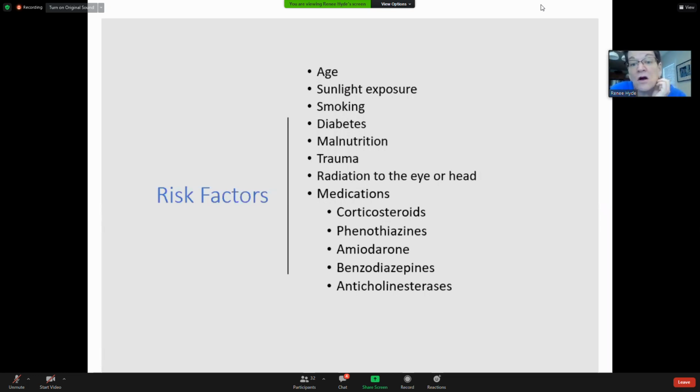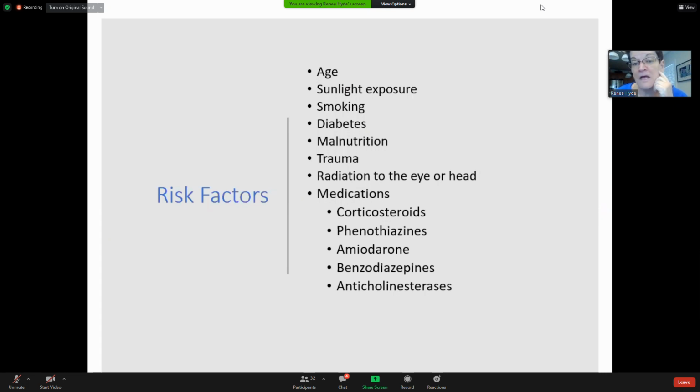Now, your anticholinesterases, those are your patient meds that we give for dementia. So if you think about it, a patient with dementia on an anticholinesterase, sunlight exposure, a child that smokes that has diabetes probably is going to develop a cataract.